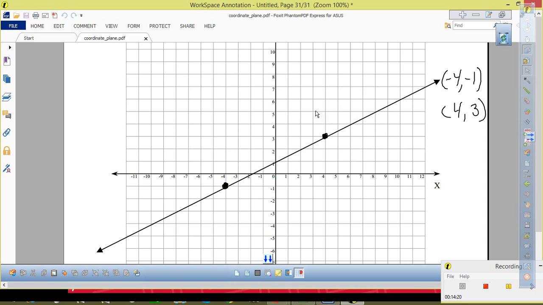Your attention, please. Make sure you draw arrows at the end of the line that you just drew, or else it's not a line, it's a segment.